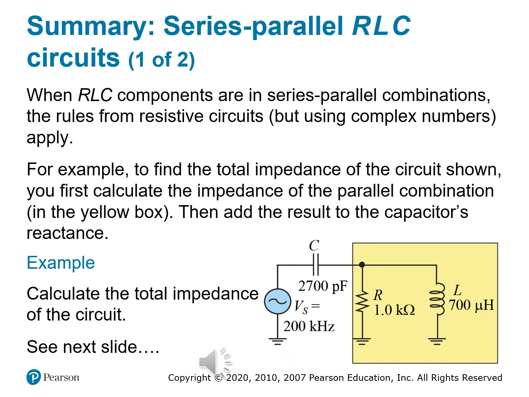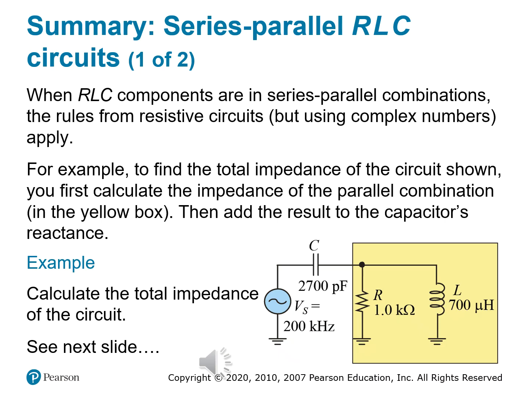Only this time the mystery is impedance. Here's the trick. Even though this looks a bit more complex, the process is just an extension of what we already learned. Nothing here is new. It's just putting all the steps together. Let's start with the parallel section in that yellow box. Calculate the combined impedance of the resistor and inductor.